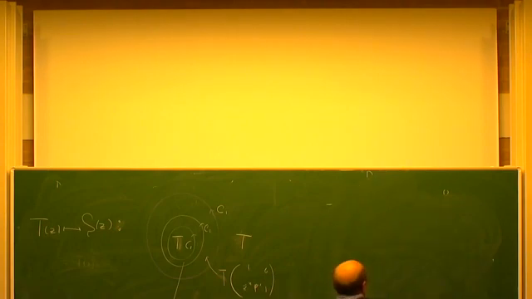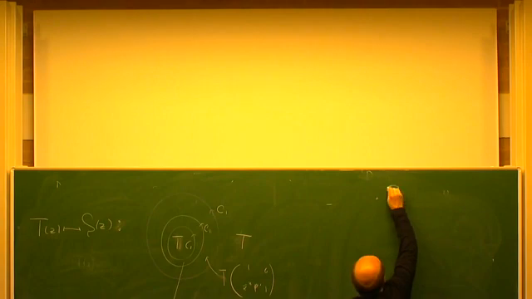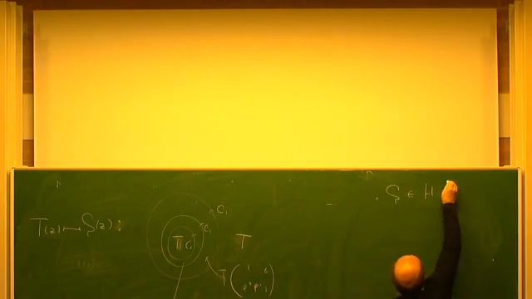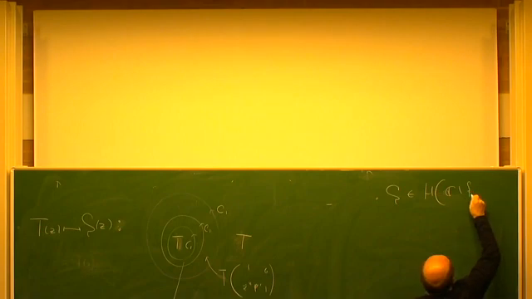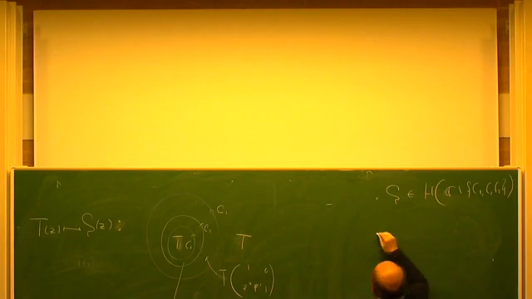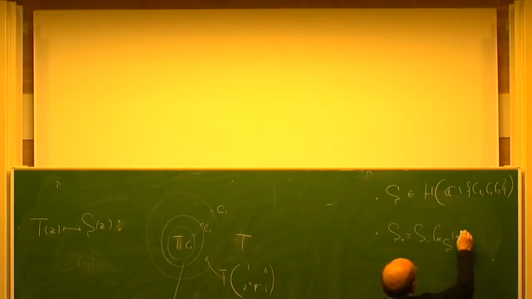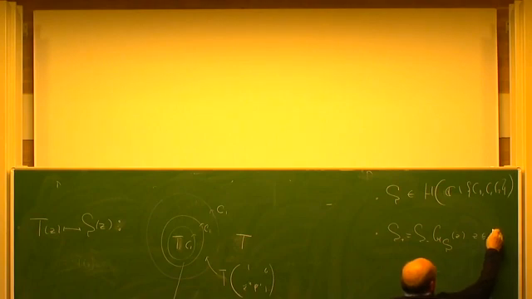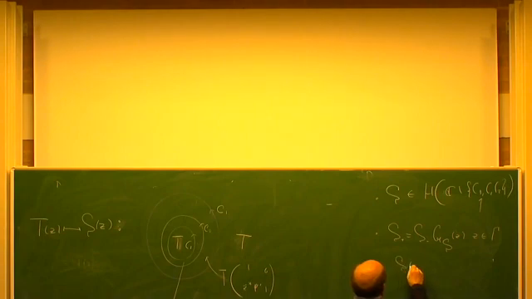Of course, S is holomorphic away from the unit circle, C1 and C2. So I have three contours. And S plus is S minus times G S of z on the contour gamma. This is the union of those three contours, the contour gamma. And at infinity it is still 1.